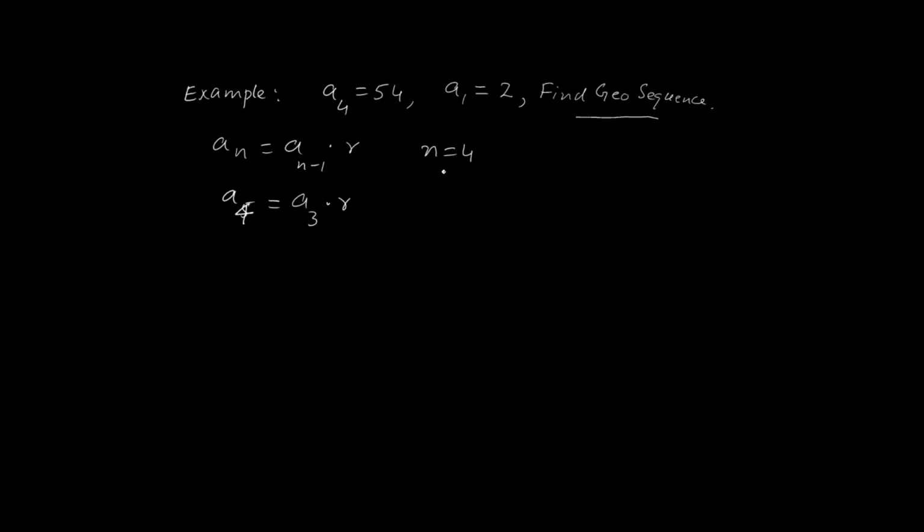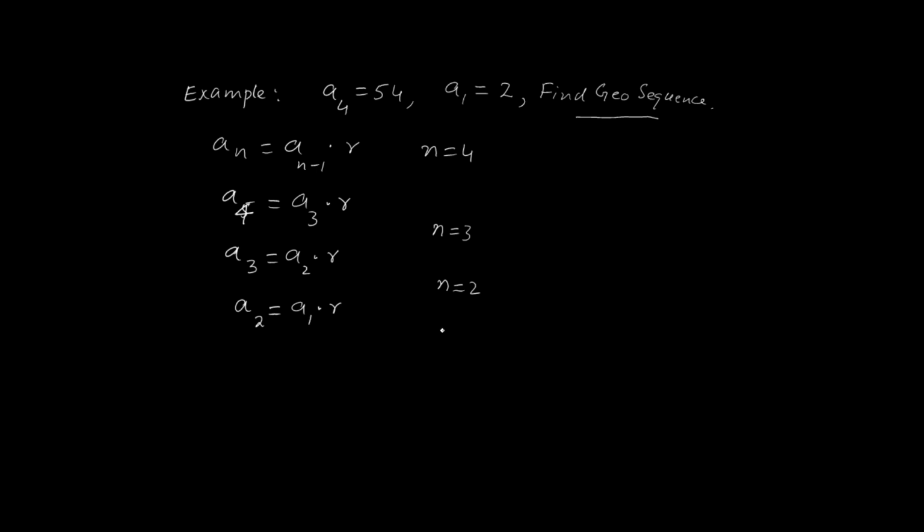Now put n is equal to 3 in this recursion formula, we get a3 is equal to a2 multiply r. And now put n is equal to 2. So a2 is equal to a1 multiply r.